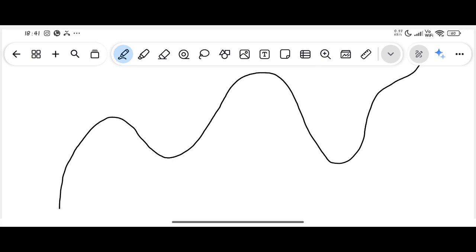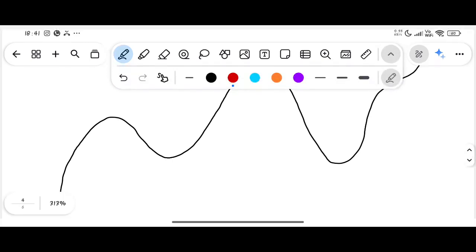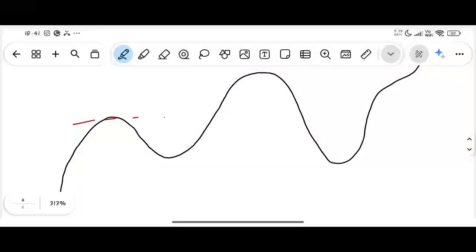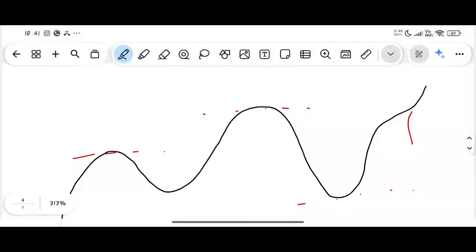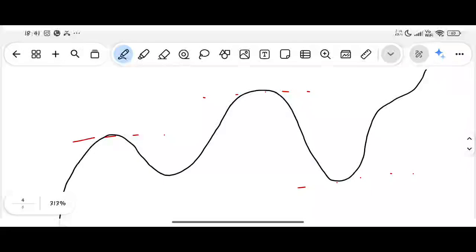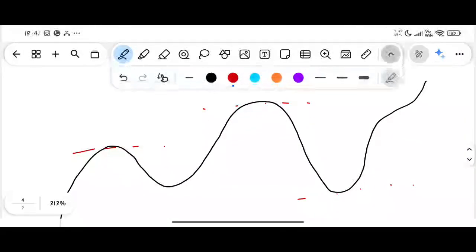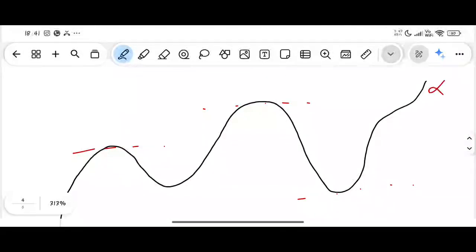You can see these are the points where dy/dx is equal to 0, and it approaches from minus infinity to plus infinity. And these 3 points are where dy/dx is 0.